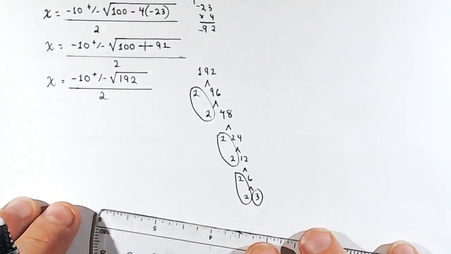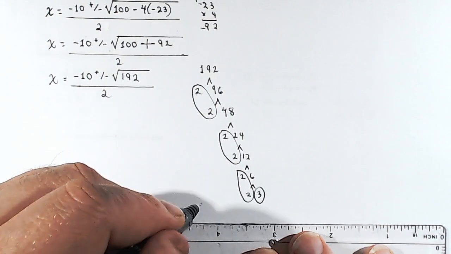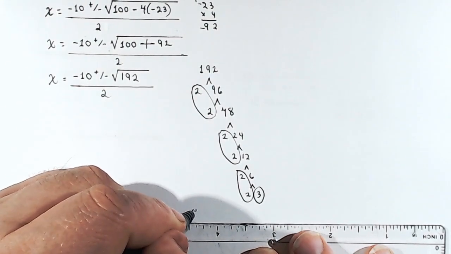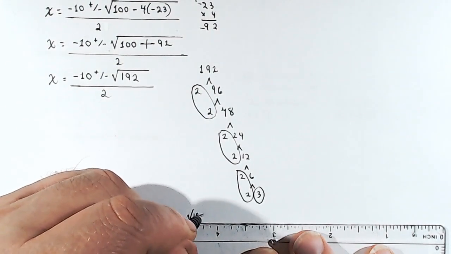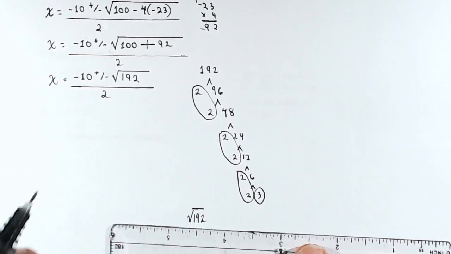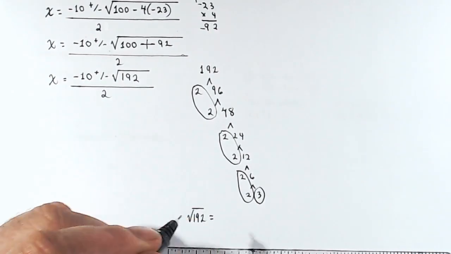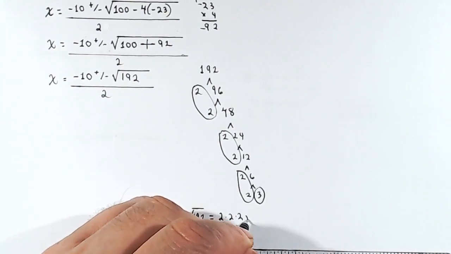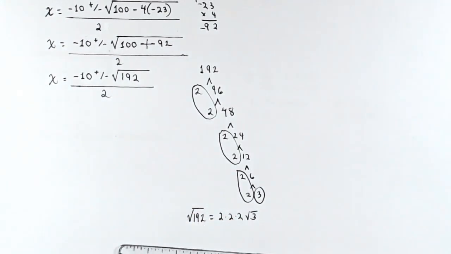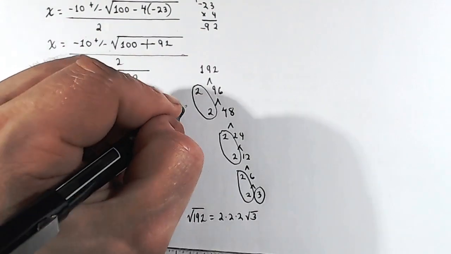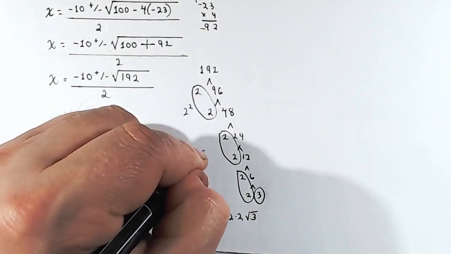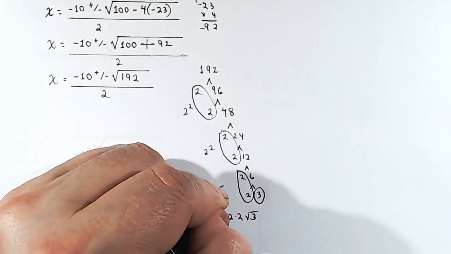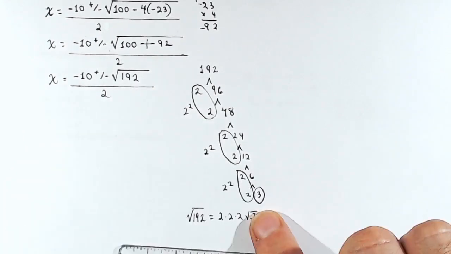So what I'm going to be able to do is rewrite the square root of 192. I'm going to be able to rewrite that as 2 times 2 times 2 times the square root of 3, because this is 2 squared, this is 2 squared, this is 2 squared, and that's 3.